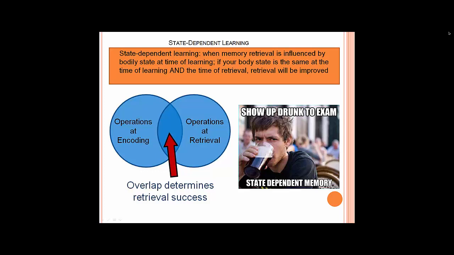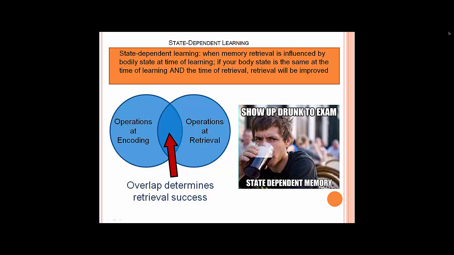If somebody has been drinking gallons of coffee in order to study, then at the time that individual goes to take the exam, it would be better if that individual got some rest first, then drank a whole bunch of coffee again to go take the exam, and not just get some rest and go take the exam, because their state when they were learning the information was under a coffee buzz.